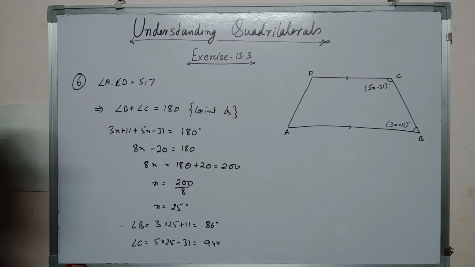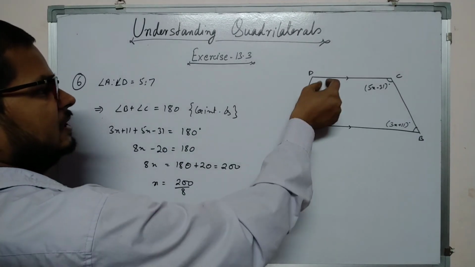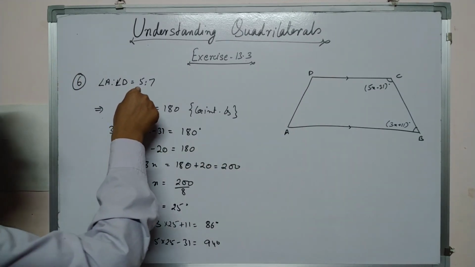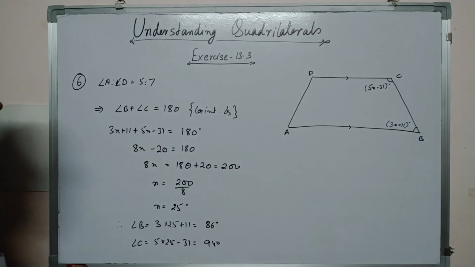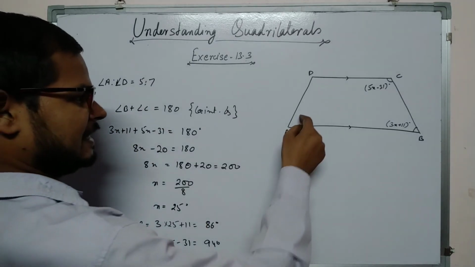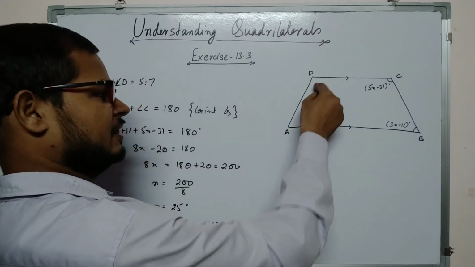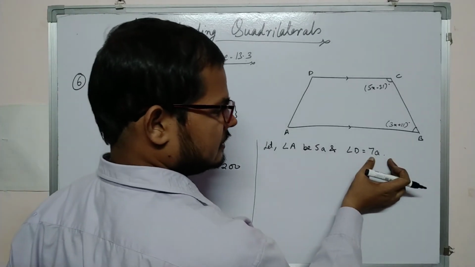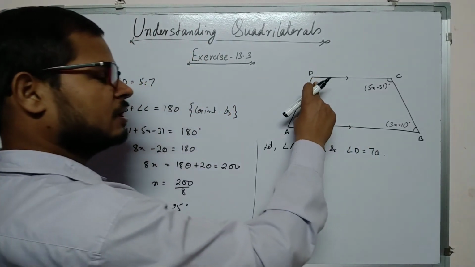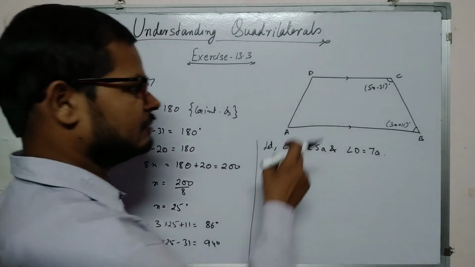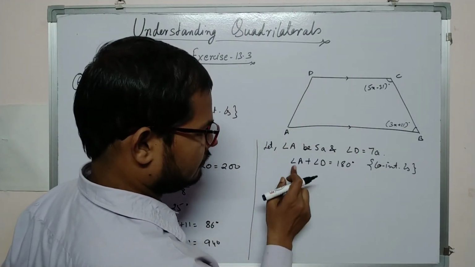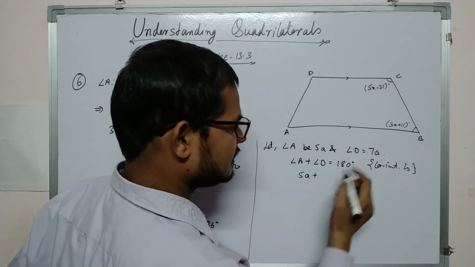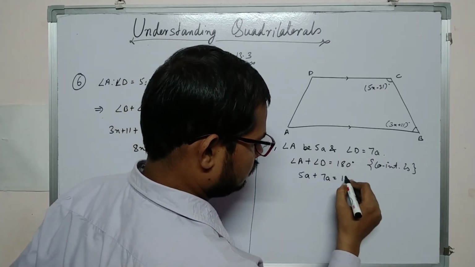Now we're going to find the value of A and D with the help of these two. Here we are given the ratio of these angles as 5:7. So with the help of this, we can take the angles as 5A and 7A. And here we have supposed angle A as 5A and angle D as 7A. Now as they are both also co-interior angles, the sum of these two will be 180 degrees. Now 5A plus 7A equals 180 degrees.